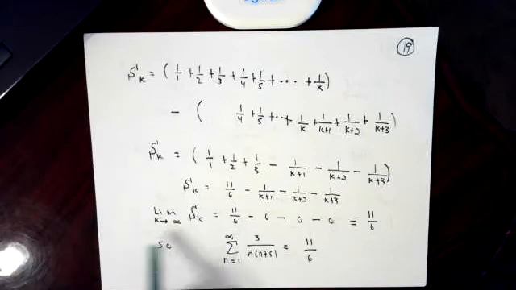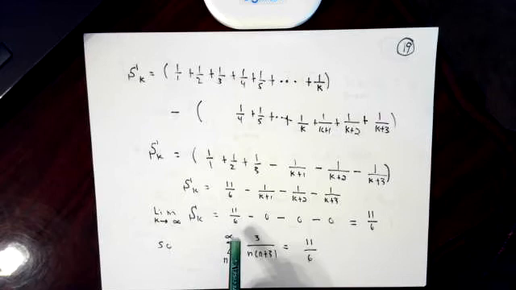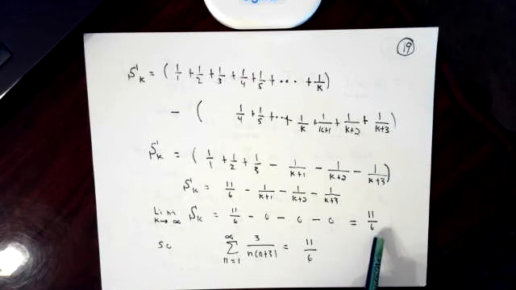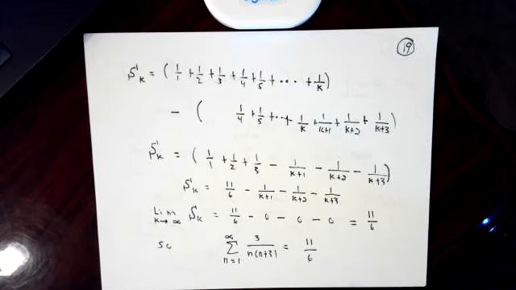So the limit of the partial sums is 11/6 minus 0 minus 0 minus 0, which is 11/6. The sum from n equals 1 to infinity of 3 over n times n plus 3 is 11/6.